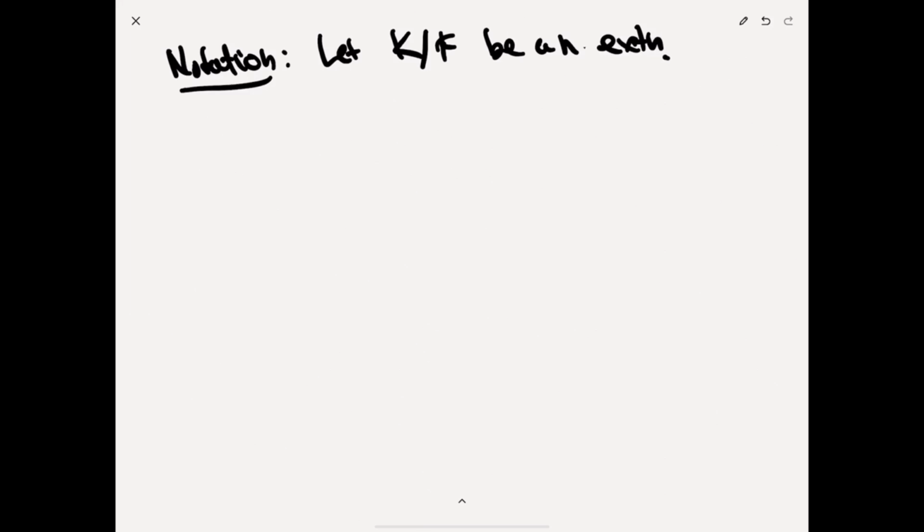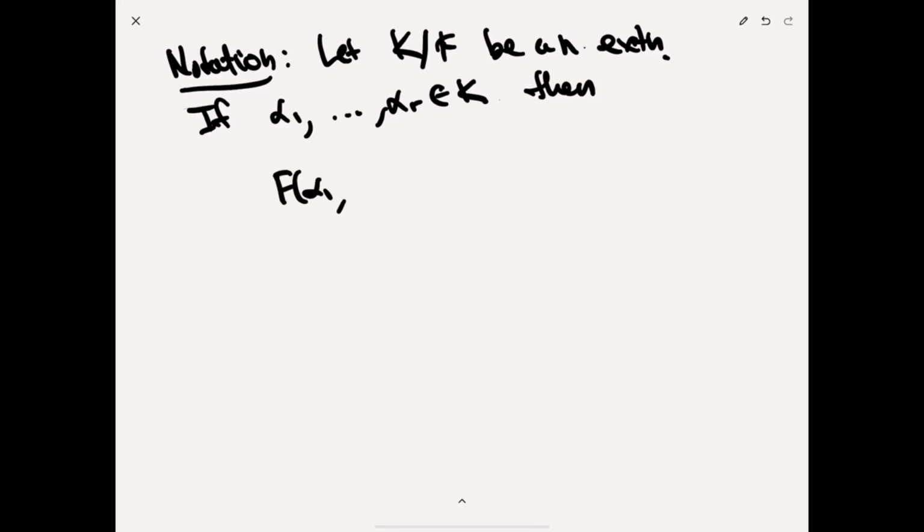Then, if alpha 1 through alpha r are elements of K, we have the following: F of alpha 1, alpha 2, through alpha r.